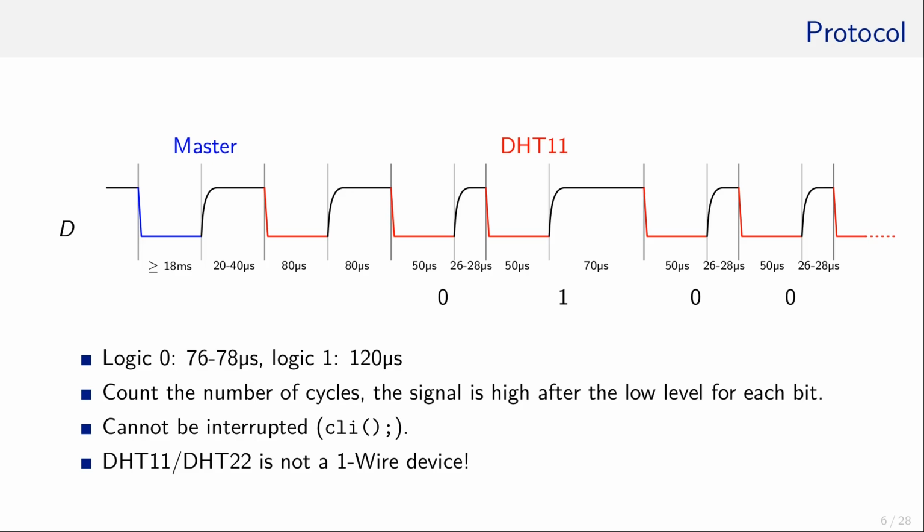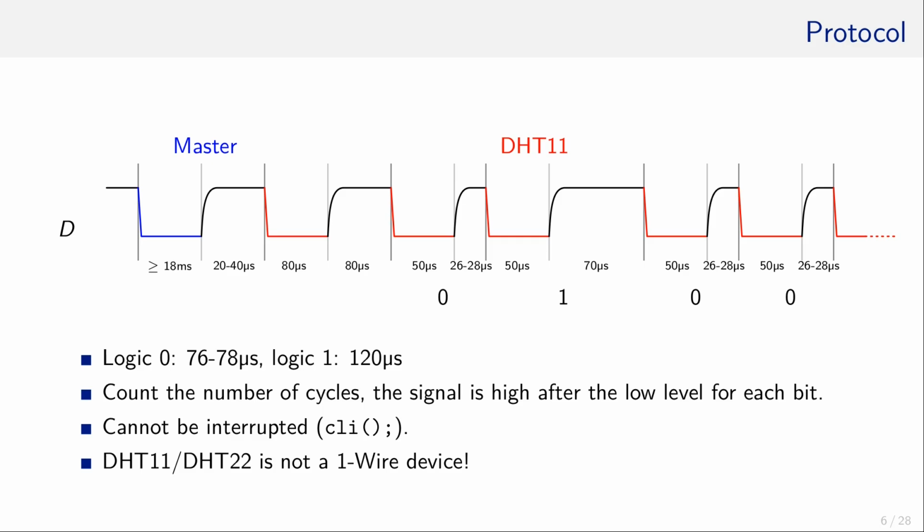As far as I am aware, this protocol is specific to the DHTs, and it is incompatible to the one-wire as mentioned before. For a start, one-wire has several command sequences, and the time frame for a bit to be transmitted, that is a 0 or a 1, is the same in one-wire. Here in DHT, the time frame varies depending on the value to be transmitted.